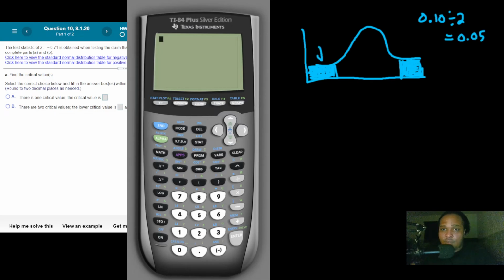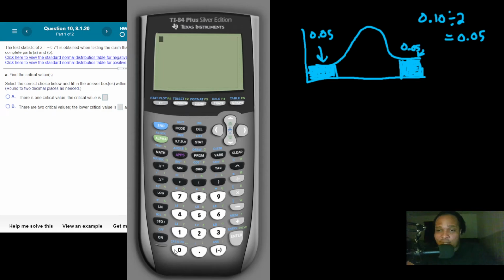The 0.05 is what's going to be here, and that's also located here. So we have two different areas on two different sides of the histogram. Where do we go from here? How do we get the critical values? Well, I'm glad you asked.